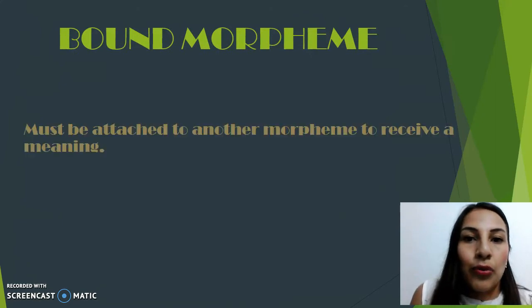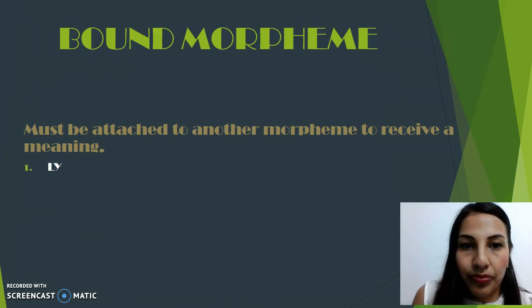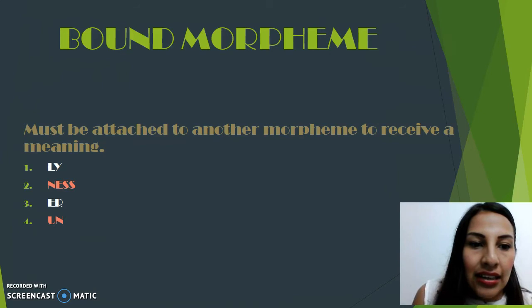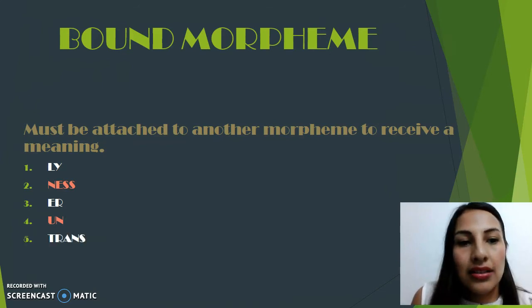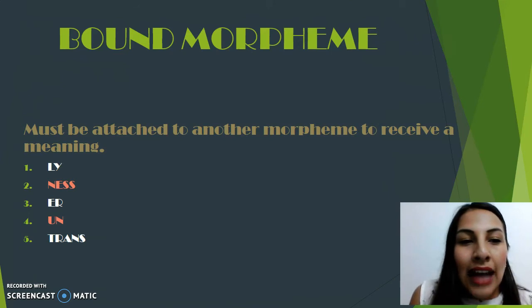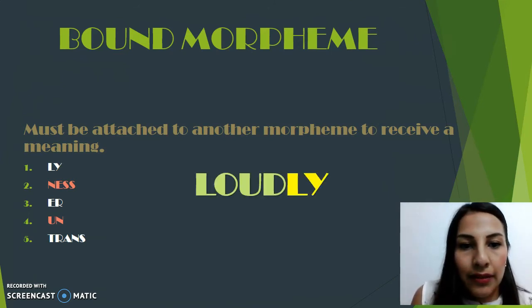Now, a bound morpheme must be attached to another morpheme to receive a meaning. For instance, ly, ness, er, and trans. If you read ly or ness, you don't know what it means, so it has to be attached to another word to receive a meaning.